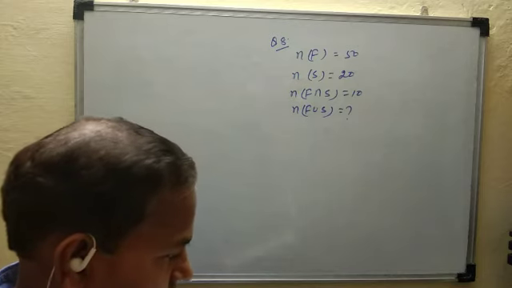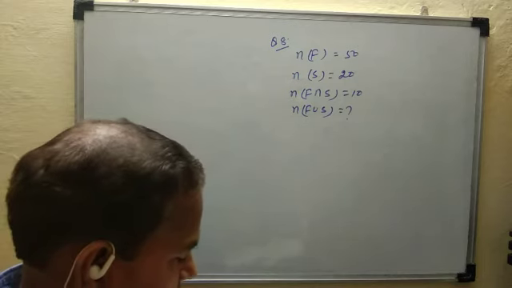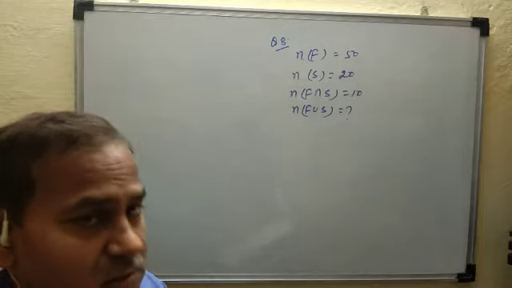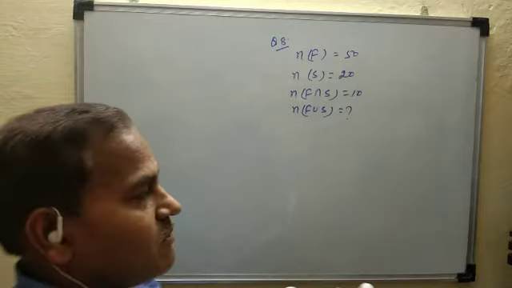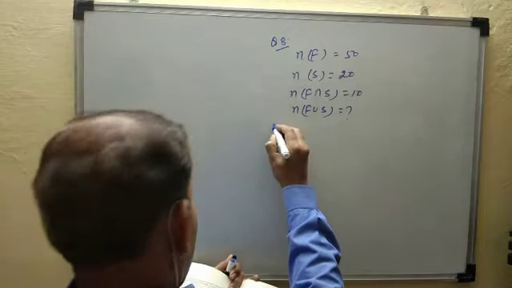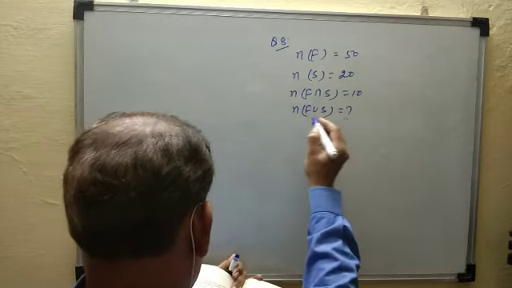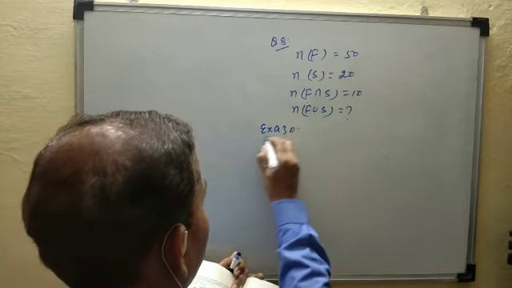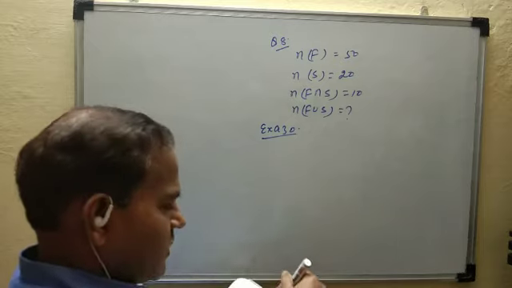So example 28 and 29 are easy. Now start example number 30, miscellaneous example number 30.